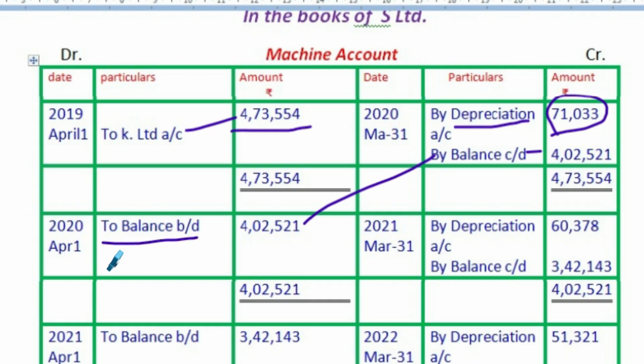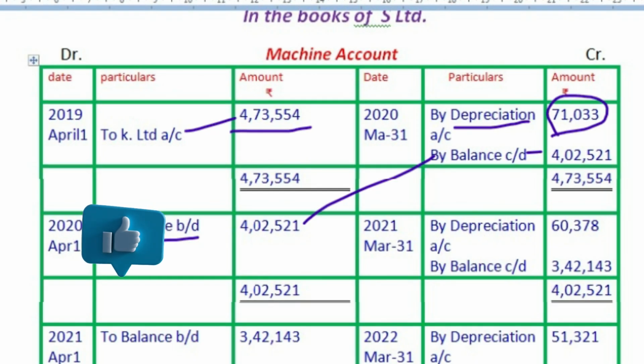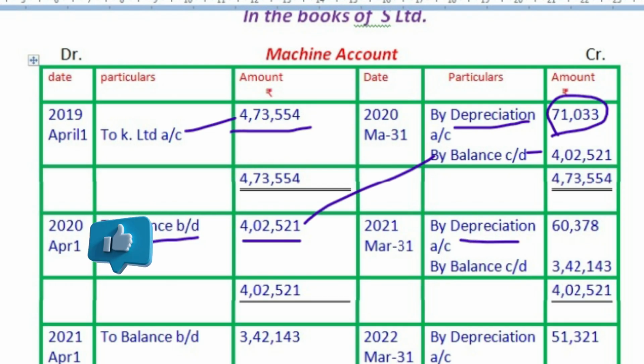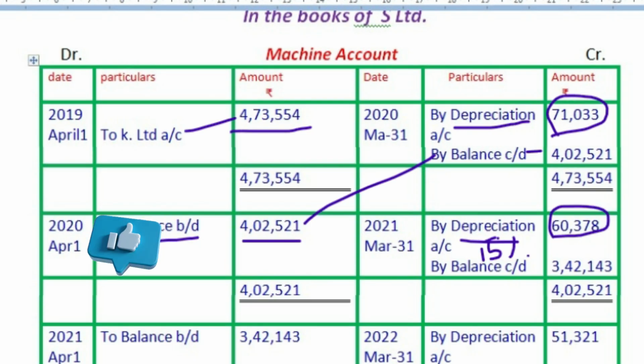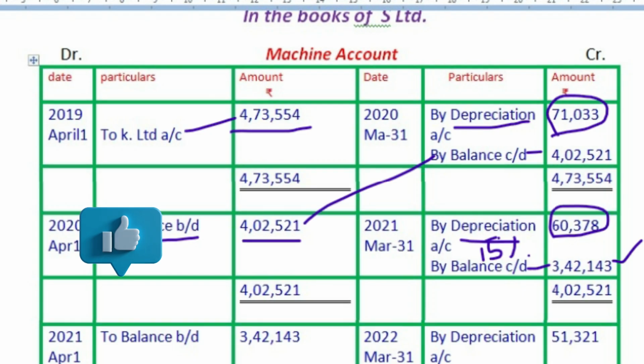So the next year's opening balance, and on this opening balance again the second year depreciation will be charged at the rate of 15%. The 15% of 4,02,521 is 60,378, and the balance CD obtained is 3,42,143.